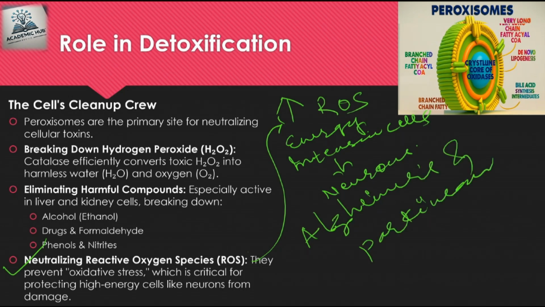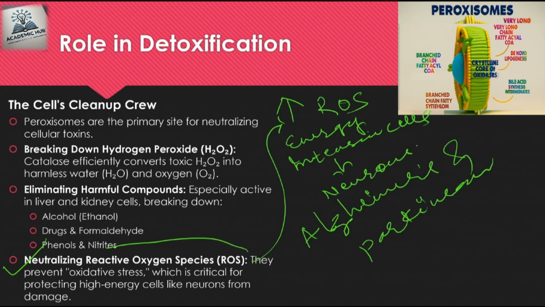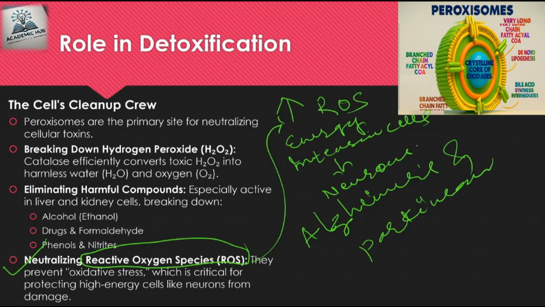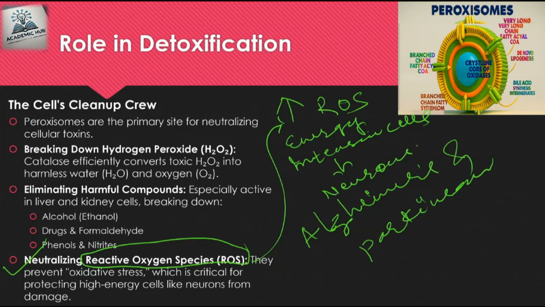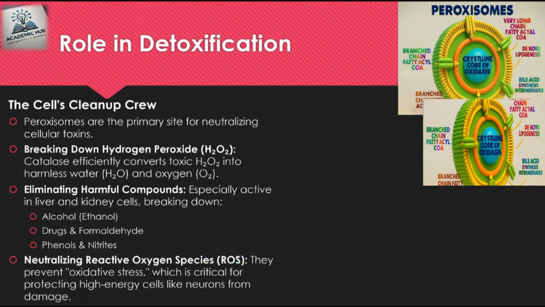So this is the role of peroxisomes in neutralizing ROS, which is very harmful to the brain and its cells. In this way, peroxisomes provide a shield to the nerve cells and keep them healthy.